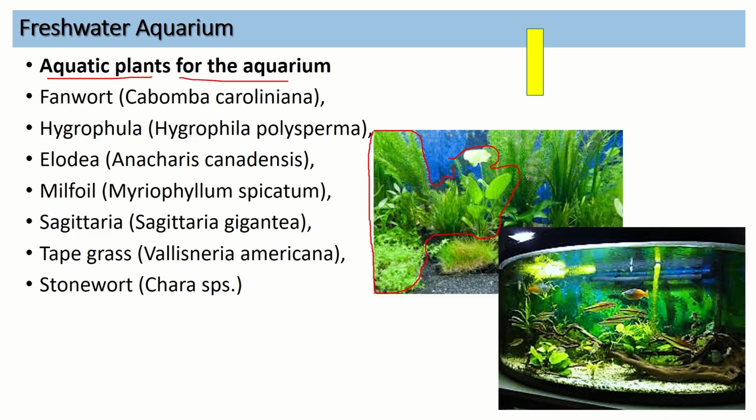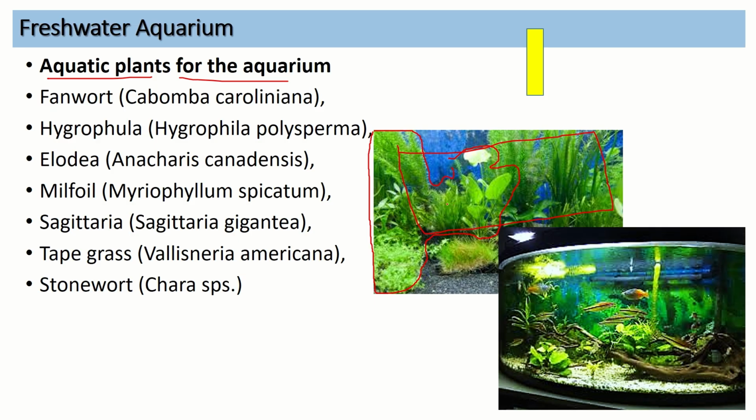During the night, both plants and animals respire, thus using oxygen. Therefore, overcrowding of plants has to be avoided to ensure an adequate supply of oxygen to fishes.